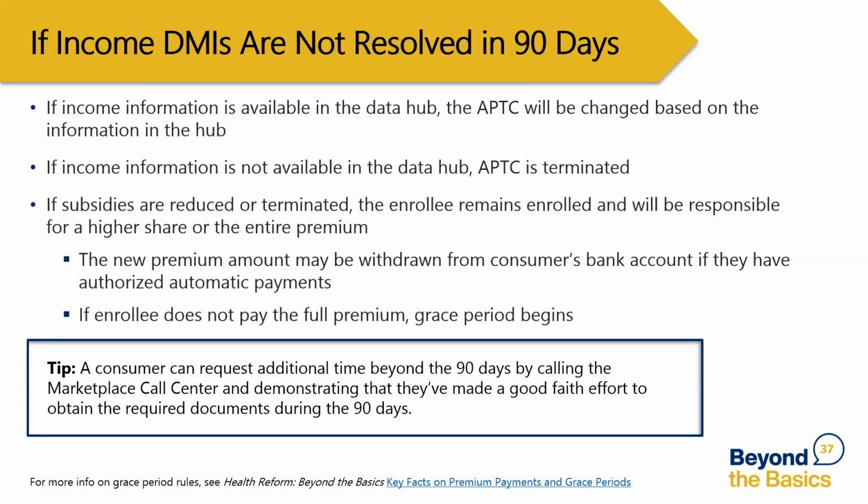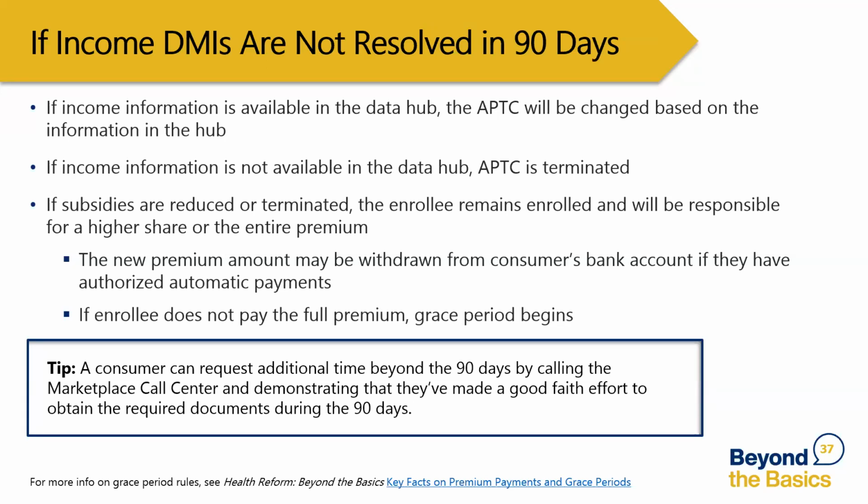It's good because they'll continue to have coverage, but it's maybe bad because they're responsible for the higher share or the entire premium. And if someone has set up an automatic withdrawal, for instance, that new higher premium amount may be withdrawn from the consumer's bank account. And if the enrollee doesn't pay the full premium, then a grace period begins, which is the subject of another webinar.